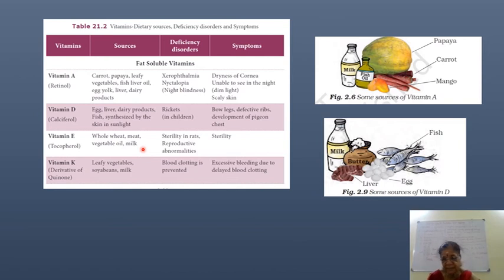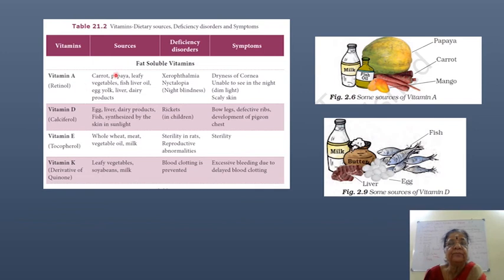Then vitamin K is essential for clotting of blood. We studied blood tissue, as components of blood plasma, it has fibrinogen, the main protein, which along with vitamin K prevents bleeding. So it is controlling the blood clot, making the blood clot occur.